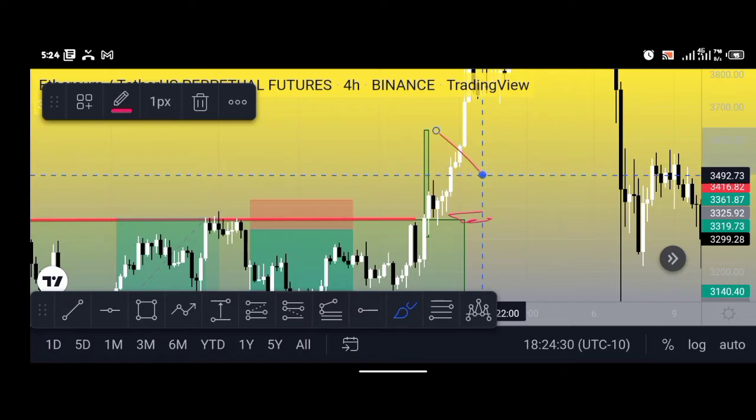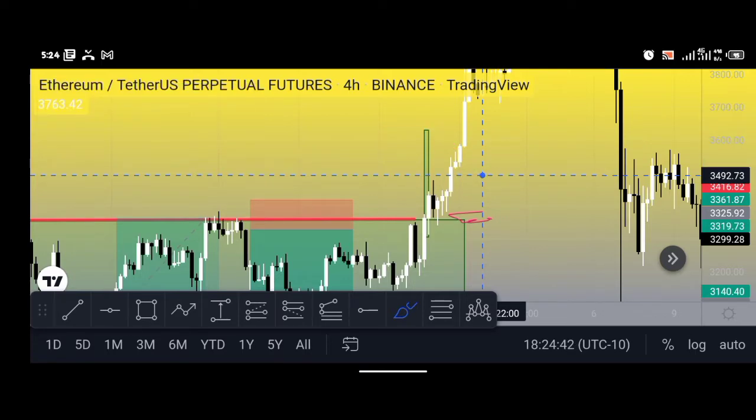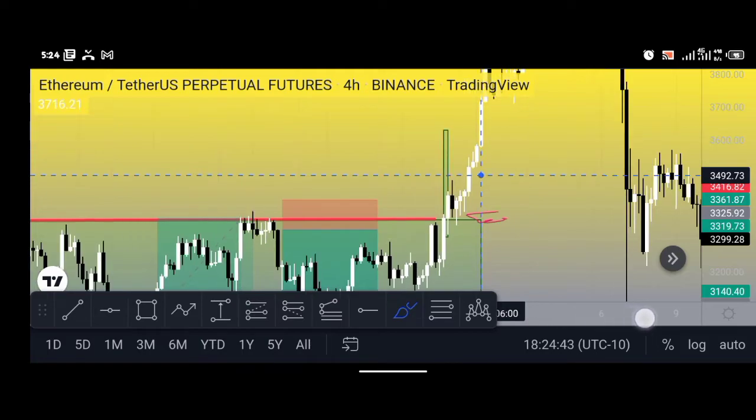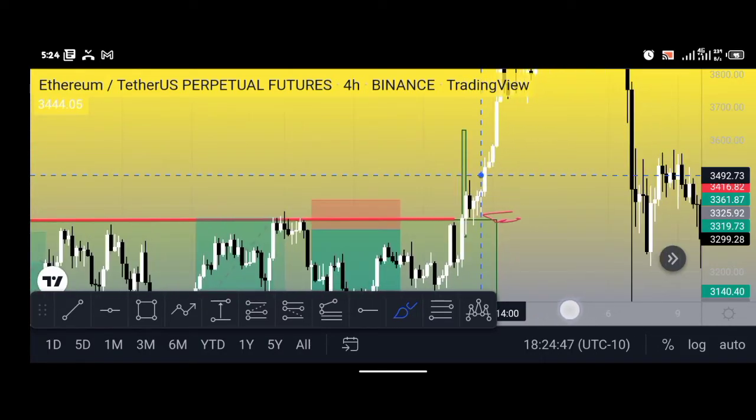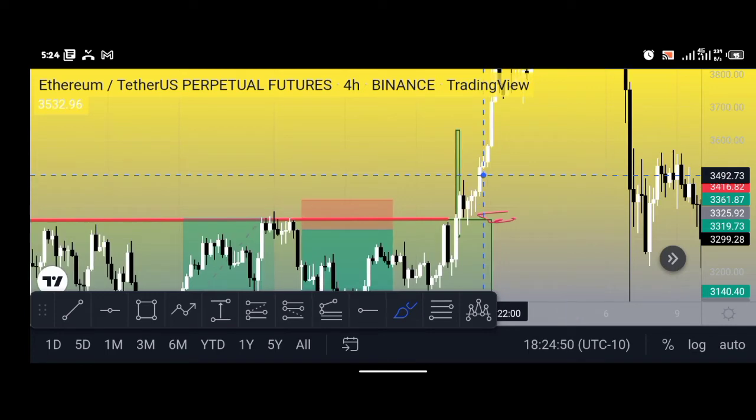So in this retracement, it is not going to hit that resistance level. So you are going to look for your previous support. That means your previous support level where the candlestick is going to retrace back.